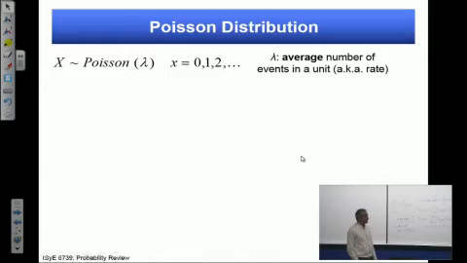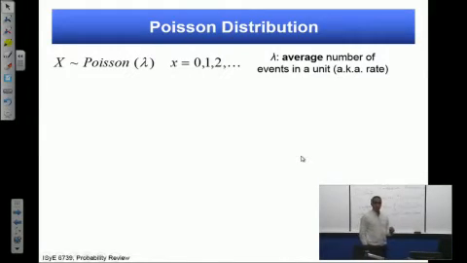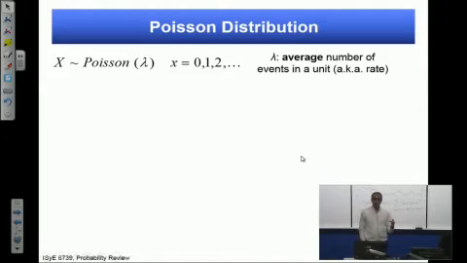Sometimes you want to formulate the occurrence of some events. That event could be, let's say, the number of customers entering a department store, the number of defects on the surface of a refrigerator, or the number of typos on a typed page.